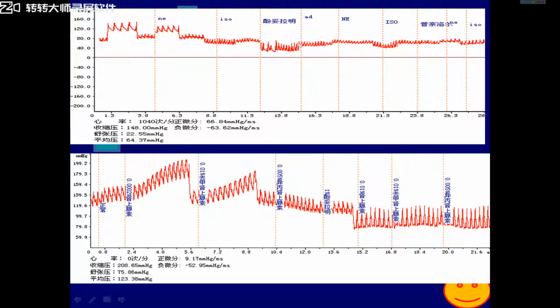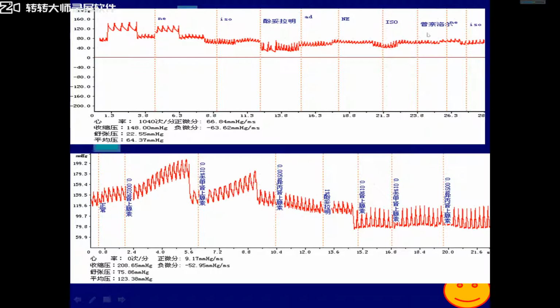Do you remember? We waited 3 minutes. Adrenaline, a little increased blood pressure. And noradrenaline, a little increased blood pressure. Why? Because the alpha receptor is blocked by phentolamine, and isoprenaline has no effect.